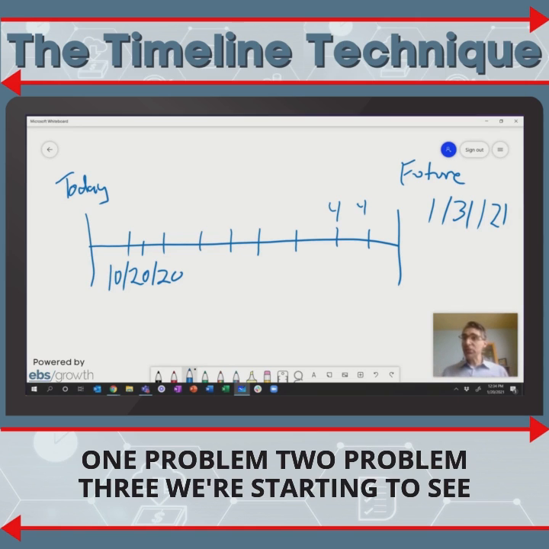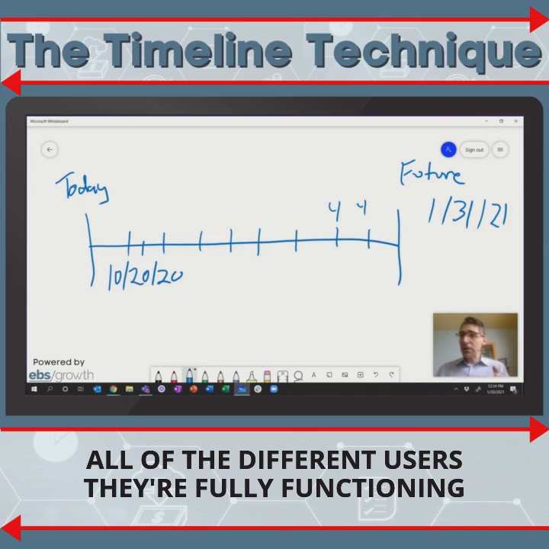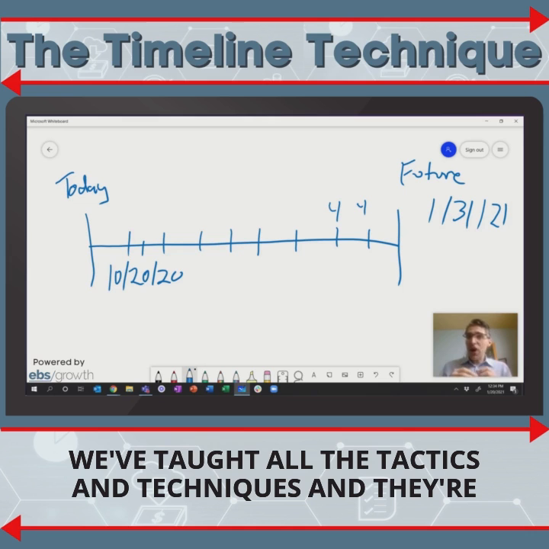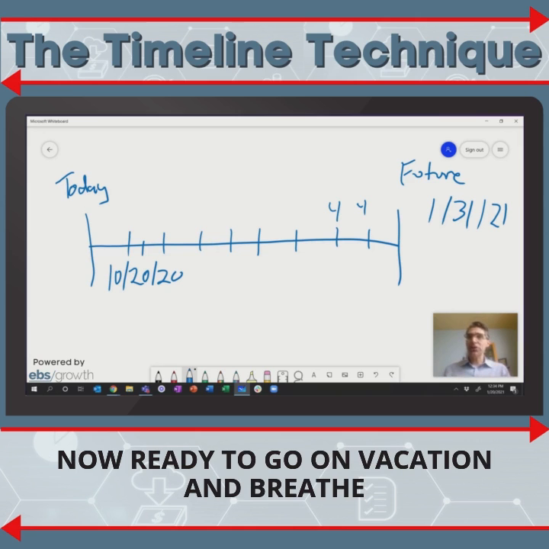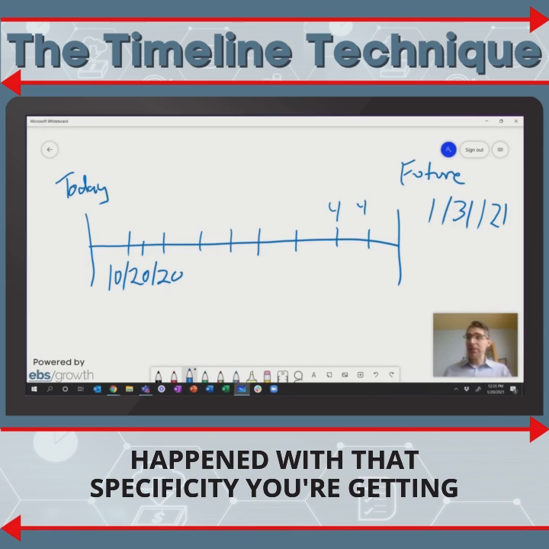We're starting to see return on investment from this effort. We've trained all of the different users. They're fully functioning and executing on it. We've taught all the tactics and techniques, and they're working out really well. And you're now ready to go on vacation and breathe because this has been such a success. By when has that happened?